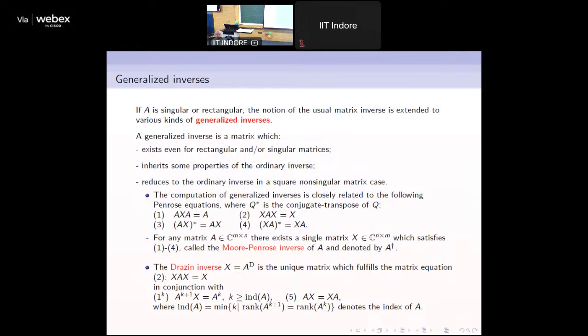Okay. More questions? Sir, how are these different types of new generalized inverses formed? As you see, we have more Penrose inverses and Drazin inverses.